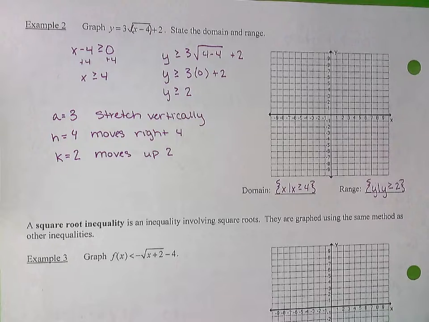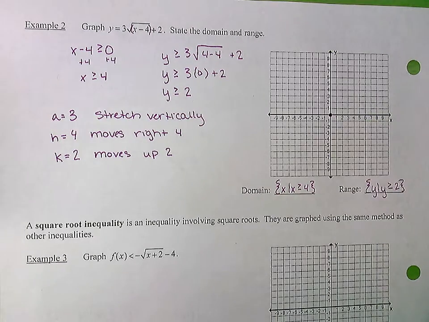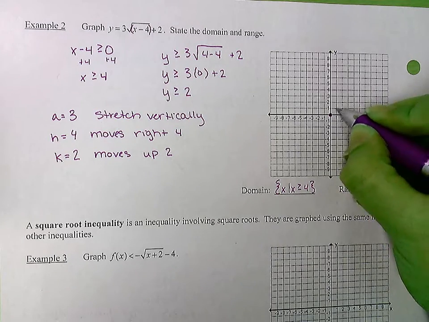So, your parent function is just the square root of x. That was on the front. You don't need to plot this parent function, I'm going to, just to show you what's happening. Your parent function starts at 0, 0, and it goes up 1, right 1.